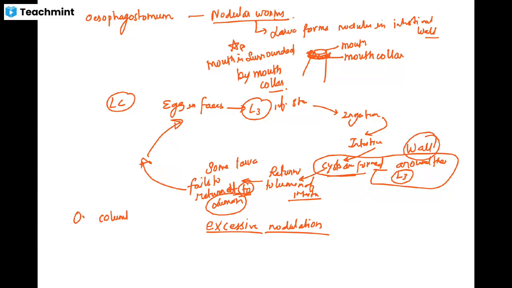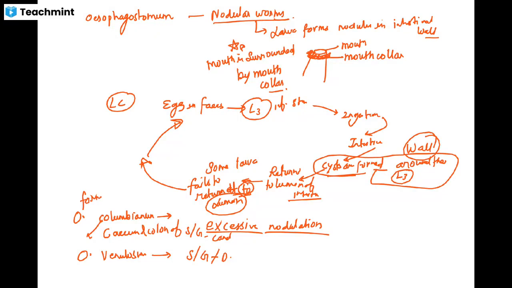Columbianum is present in the cecum and colon of sheep, goat, and camel. Another species is Oesophagostomum venulosum. It is present in sheep, goat, and deer. Here, Oesophagostomum columbianum forms nodules, and Oesophagostomum venulosum does not form nodules in the intestine.